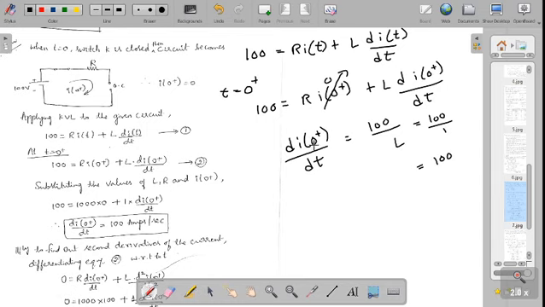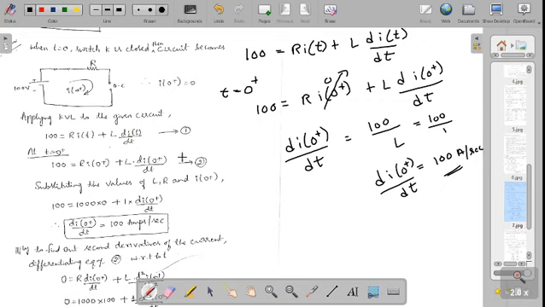You need to write the unit for current, which is amperes, and the unit for time is seconds. So 100 amperes per second. This is the value of the first derivative of current, di by dt.